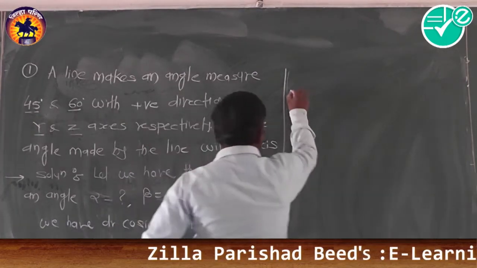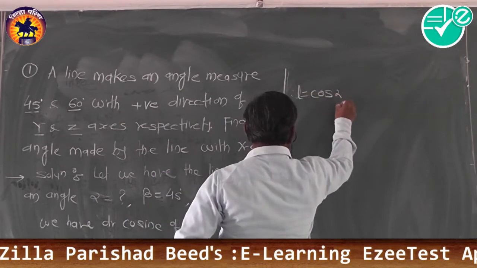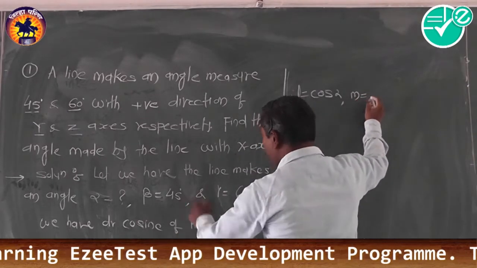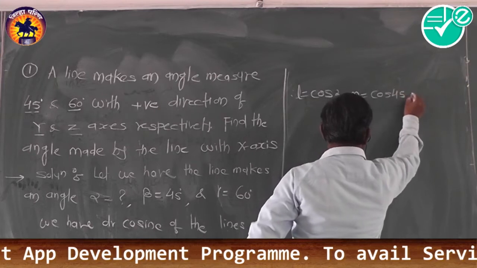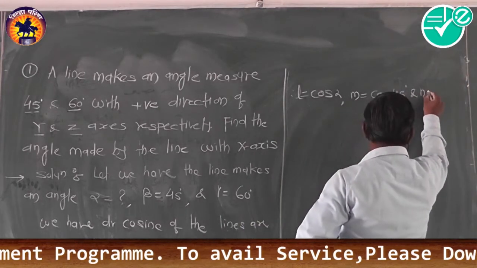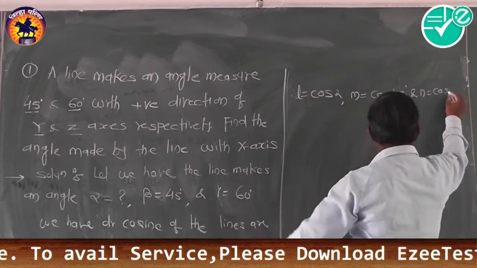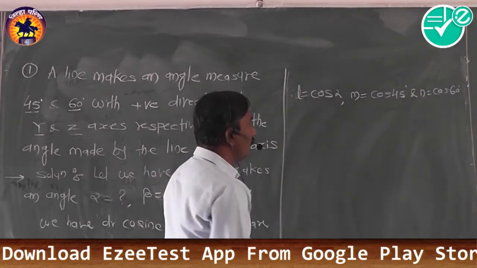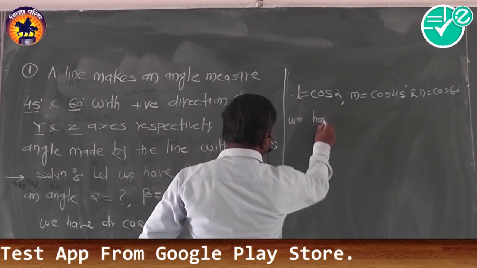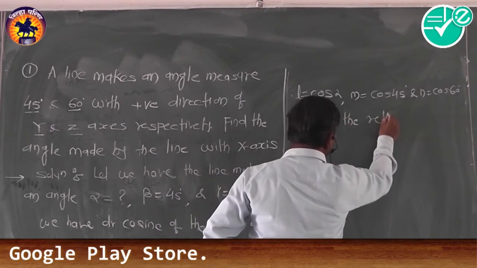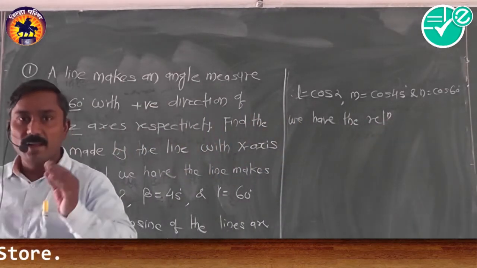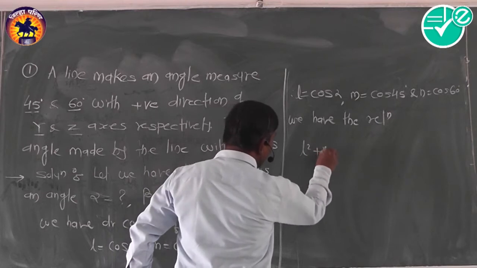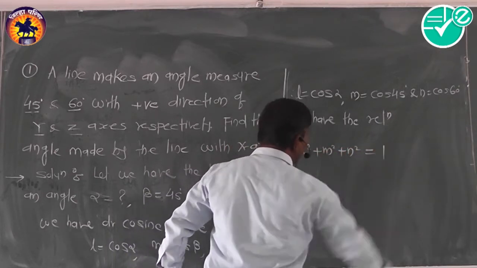So l is equal to cos alpha as it is, because alpha we have to find. m is equal to cos 45 degree, and n is equal to cos 60 degree. So we have the relation between the direction cosines of the line. What is it? l square plus m square plus n square is equal to 1.